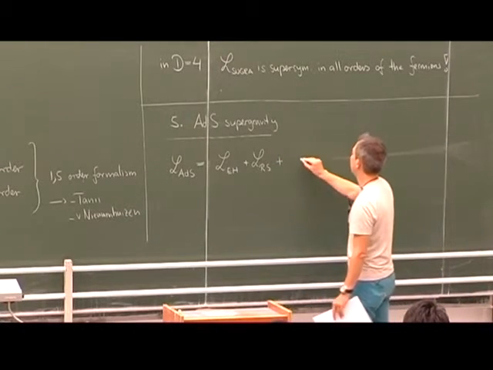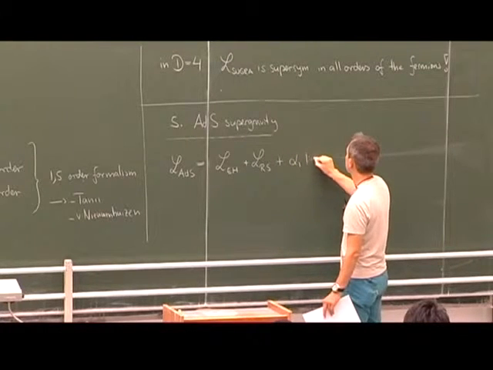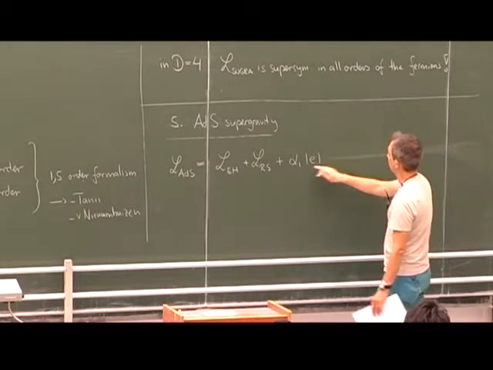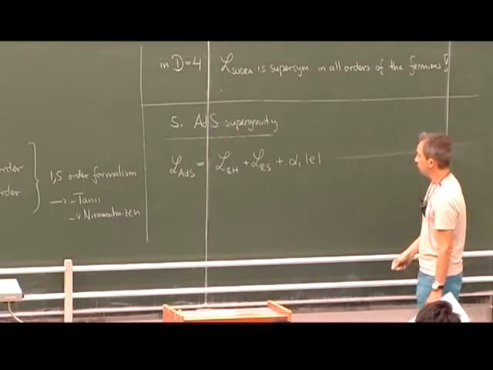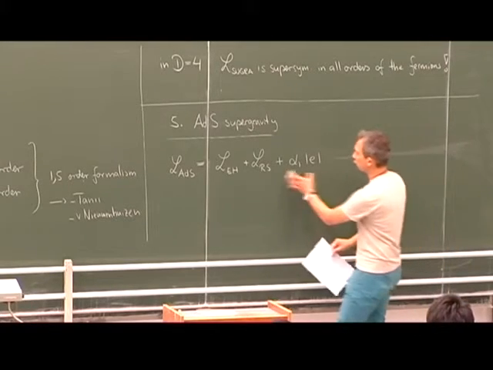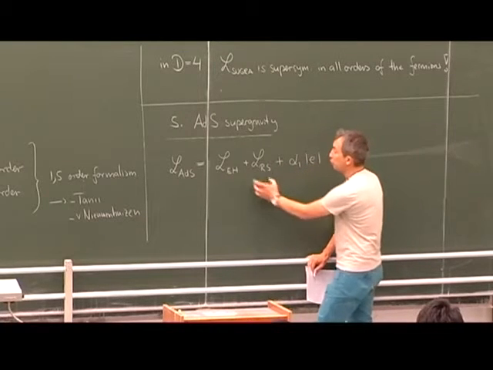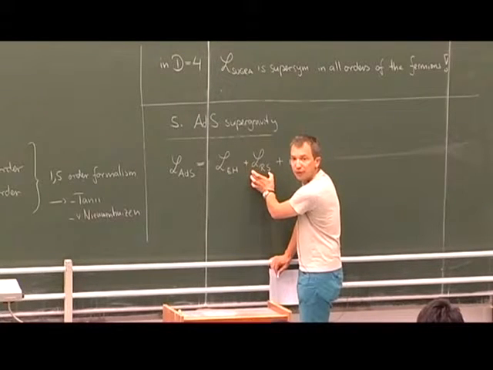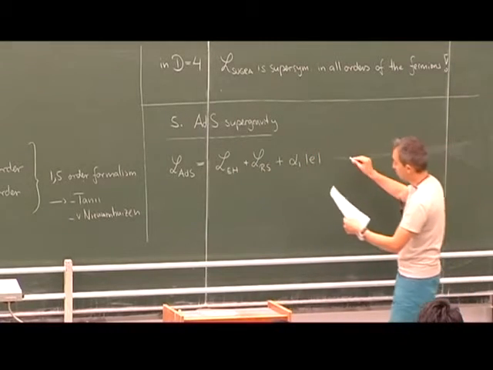Add a cosmological constant term, say with the constant alpha 1, times the square root of the determinant. That's it. Now, of course, if we modify the Einstein-Hilbert term by a cosmological constant, we presumably also have to modify the Rarita-Schwinger term to get some compensation of this term. And that is indeed true.